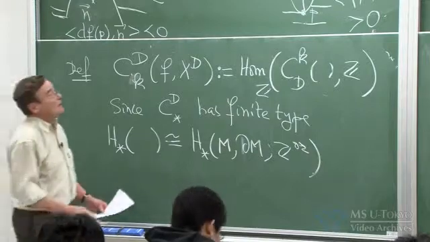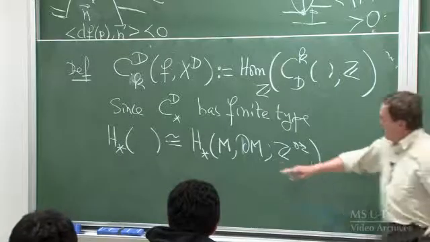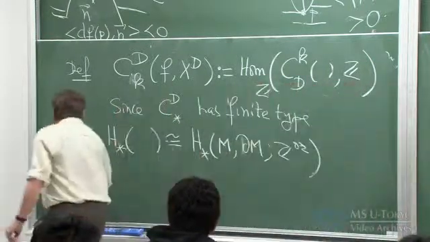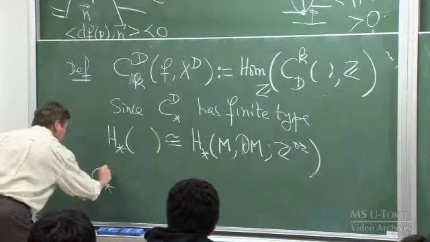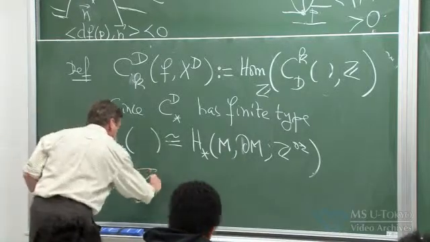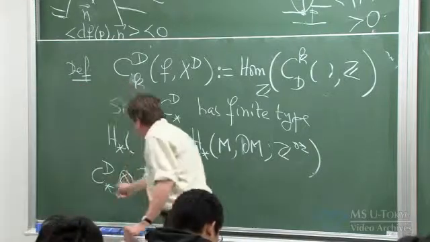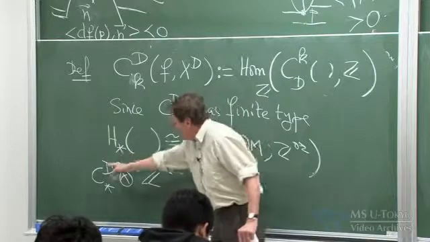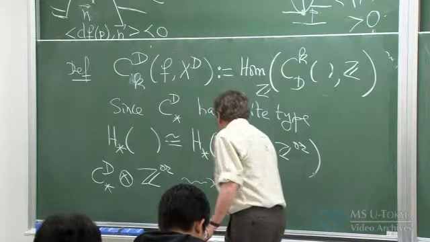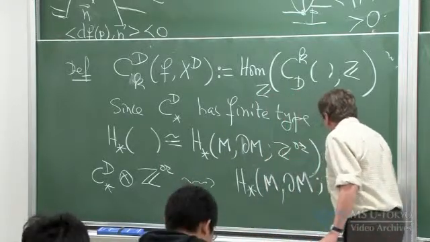And if you want to have the relative homology with constant coefficients, you start with the complex C star of type D, tensor this local system. And this has meaning to take the homology of such a complex, and it gives rise to homology with Z coefficients.